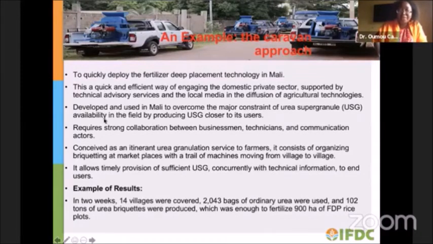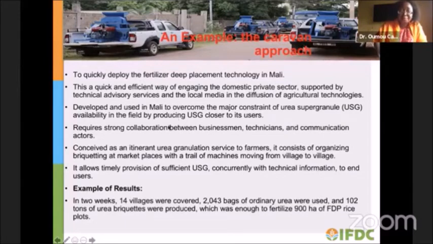You have already done your technology demonstrations, and a month before the planting season, you do the caravan. On village market days, you go from village to village with the machines. The private sector is there with the machines, and farmers come to bring their fertilizer to be briquetted.